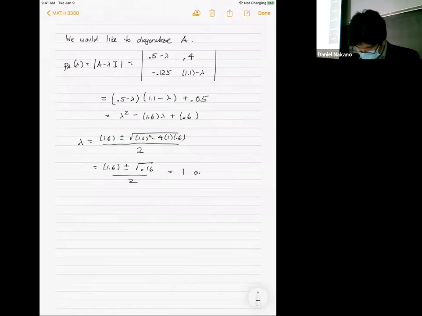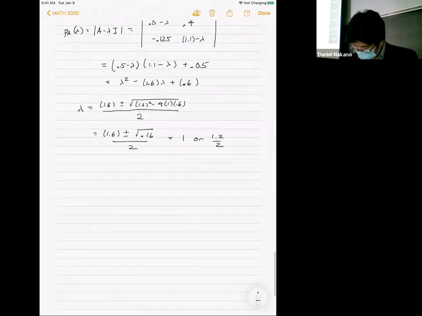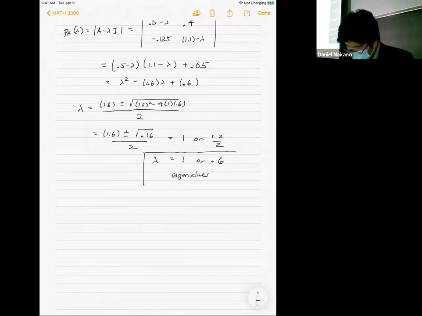So the eigenvalues are 1 or 0.6. I skipped a few steps, but a lot of those are just basic arithmetic, addition and subtraction. Any questions up until this point?